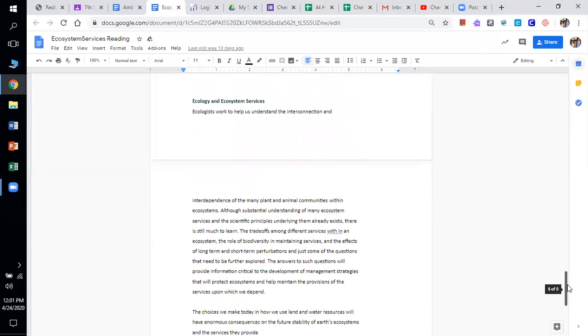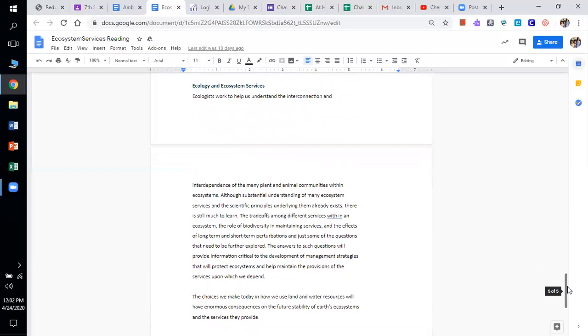So, ecology and ecosystem services. Ecologists work to help us understand the interconnection and interdependence of the many plant and animal communities within ecosystems. Although substantial understanding of many ecosystem services and the scientific principles underlying them already exists, there's still much to learn.